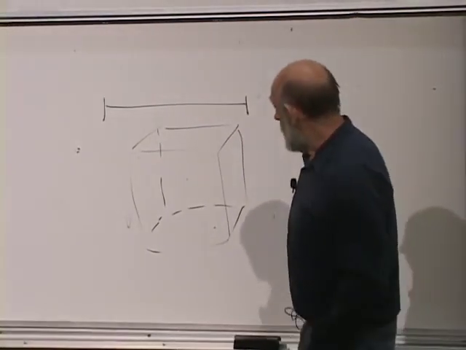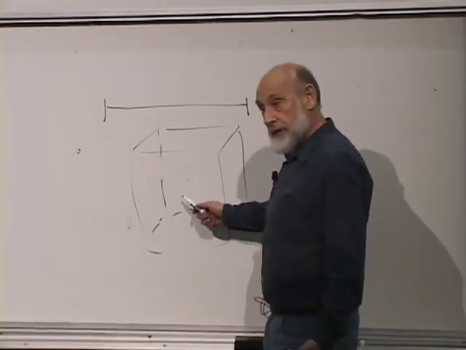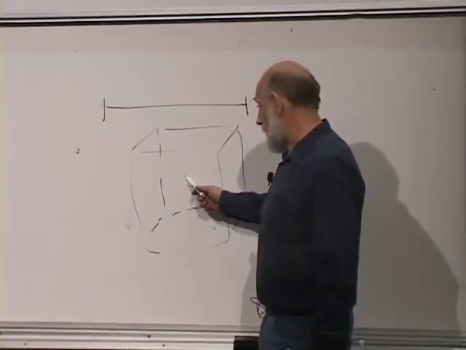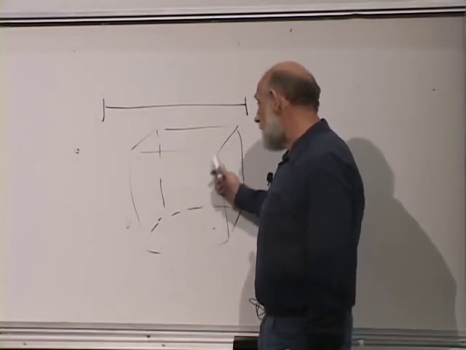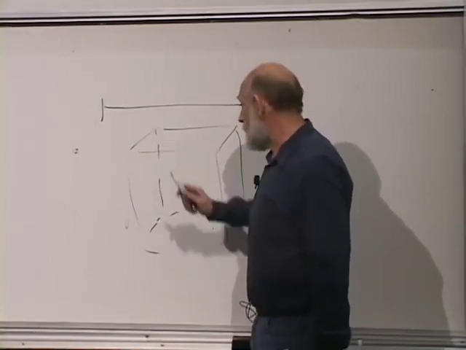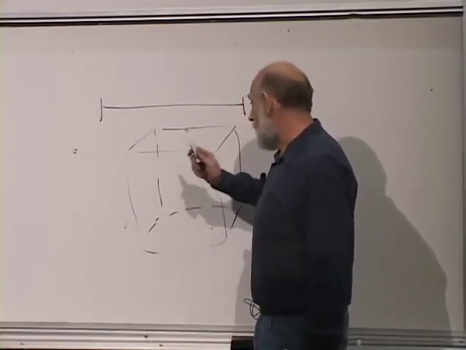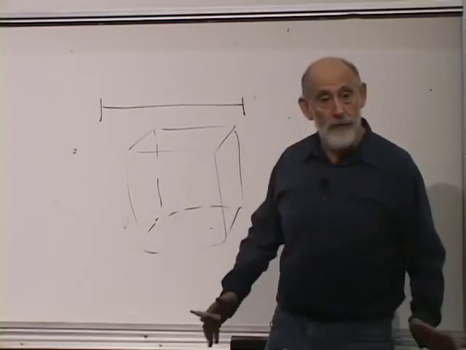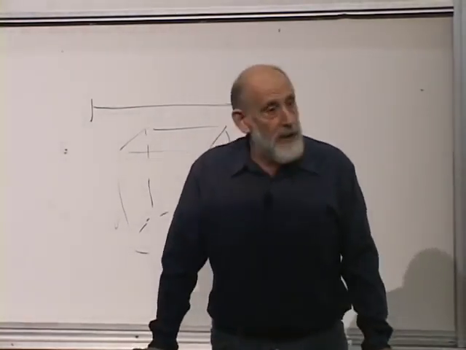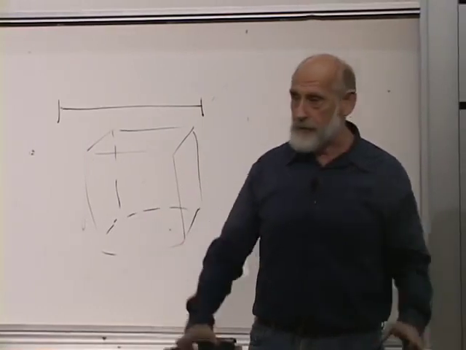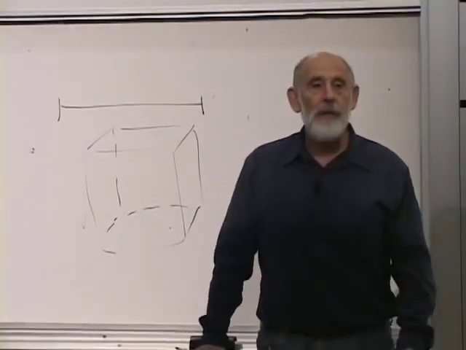Number two, even at the center here, even if you are at the center, you look in different directions, you see different things. In one direction you see a corner, in another direction you see a smooth face. By see, I mean detect by whatever means you can detect the shape of the universe.